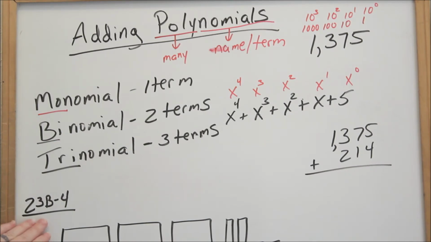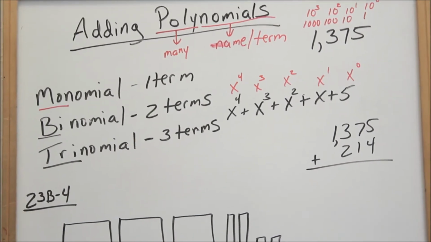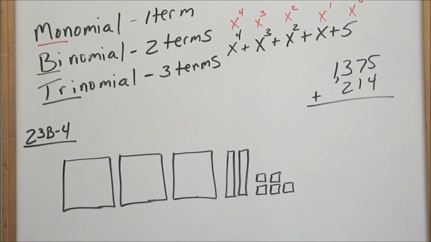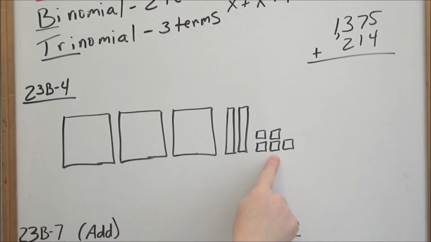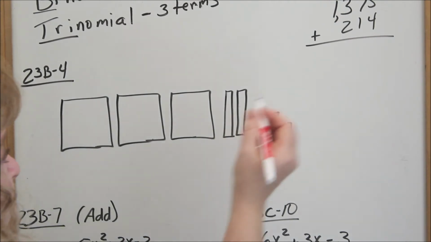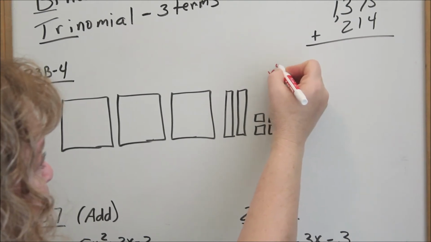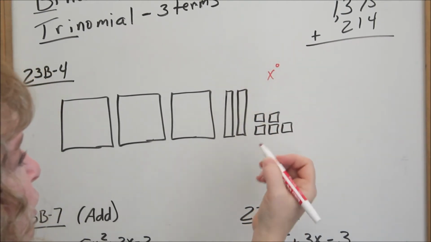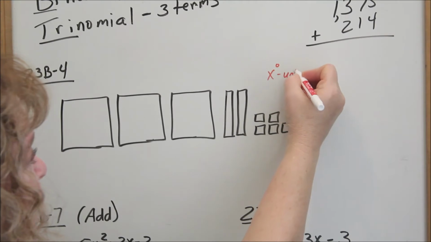So, in your workbook, look at 23B4, what they're wanting you to do. Normally, you would think of this as your units, this is your tens, this is your 100s. But it's the same idea, but our base system in algebra is x's and not tens. So this is like your x to the 0, which is your units place value.